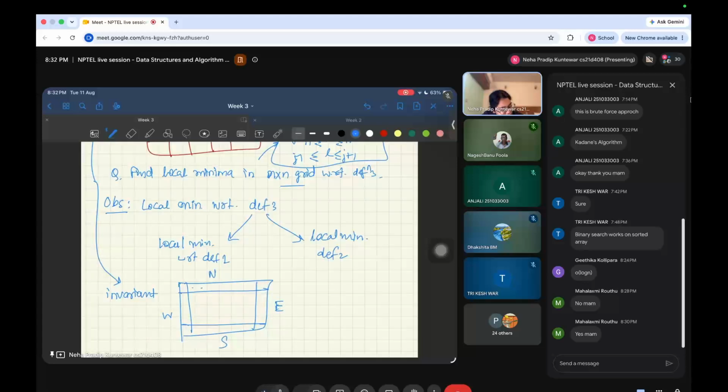We maintain this border such that there is an element x which is smaller than a of i for all i in north, west, east, south. So you look at every entry here, this value is going to be smaller than all of these. That was our invariant, right?